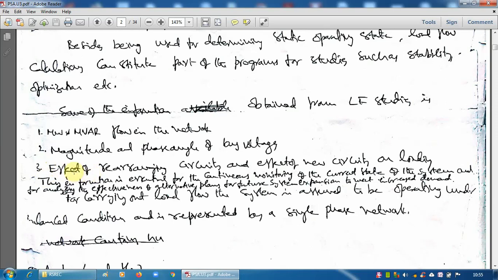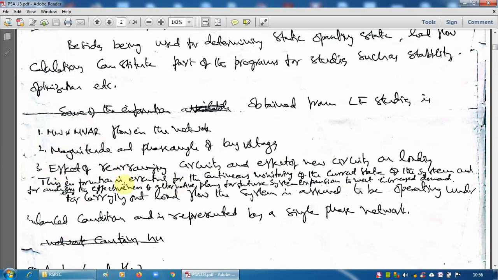And the third data is of course dependent on the above two. By knowledge of these two data, the effect of rearranging circuits and the effect of new circuits on loading. So this is decision-taking data.